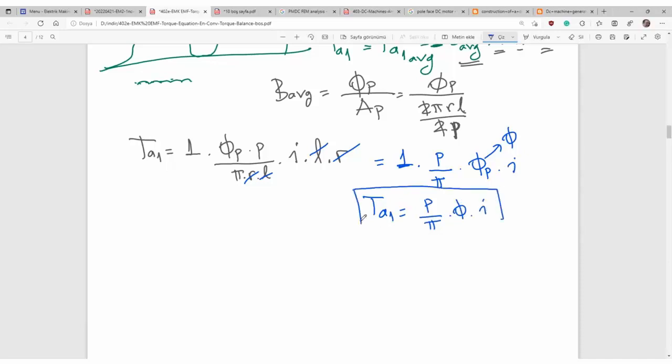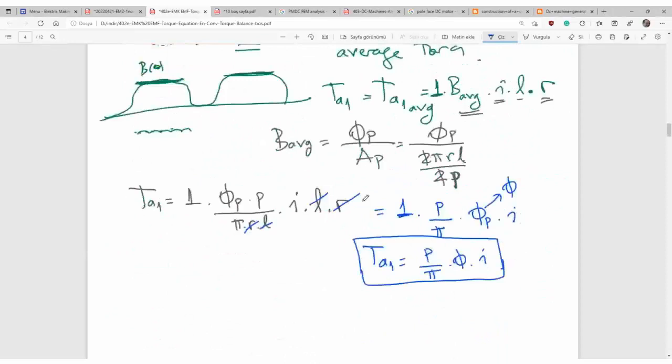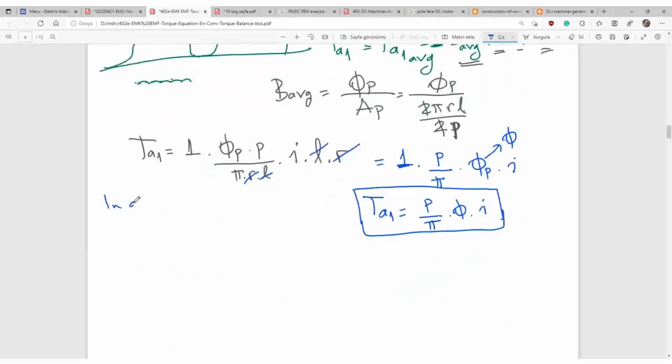Now, ladies and gentlemen, how many conductors are there in armature? In armature, there are Z conductors totally.